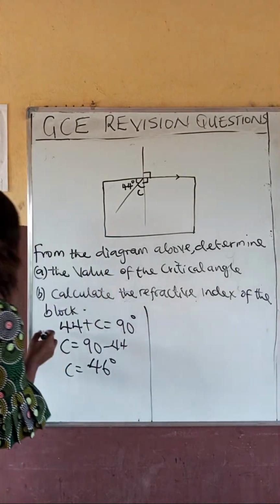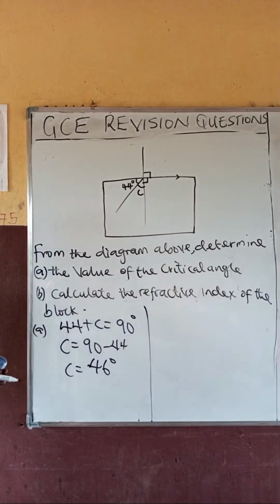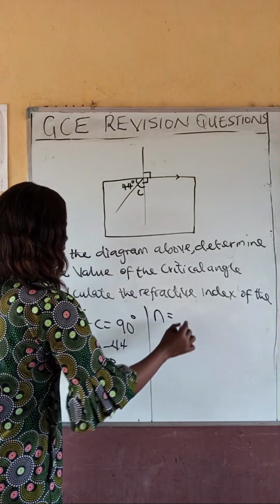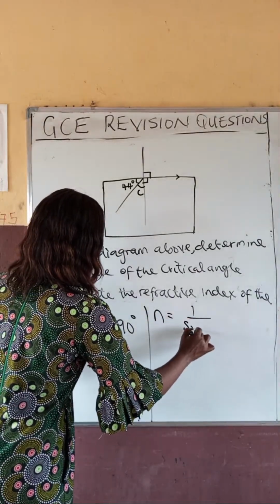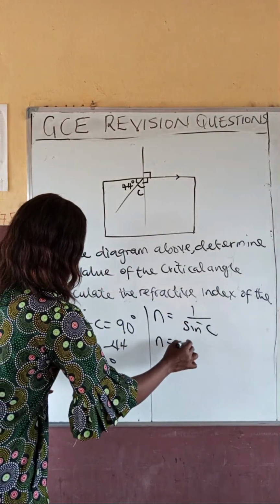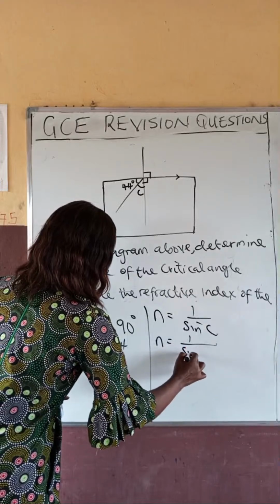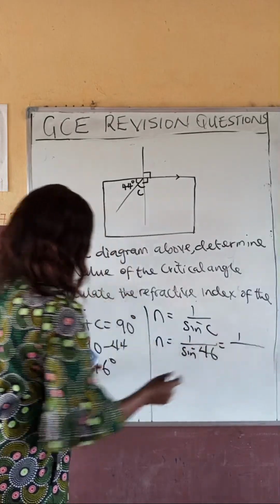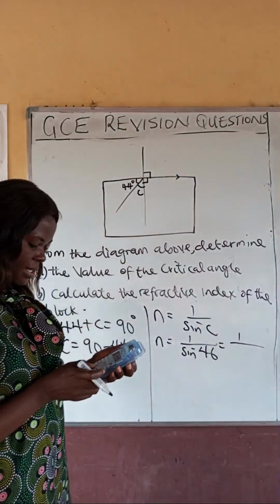Now, that is for the first part, A. Then for the second part, for me to solve for the refractive index, n is equal to 1 over sine C, right? So n is equal to 1 over sine 46. Okay? So let's find out what is sine 46.